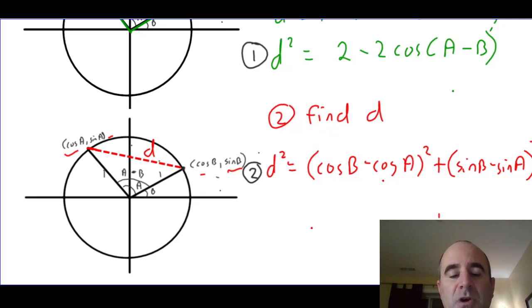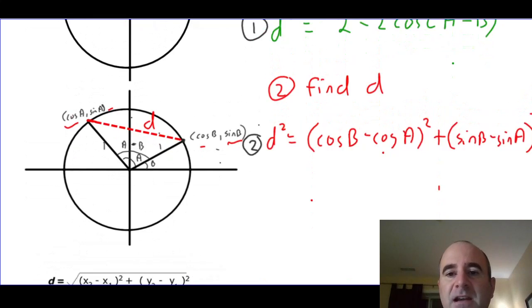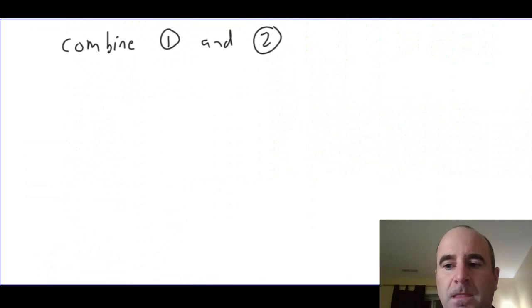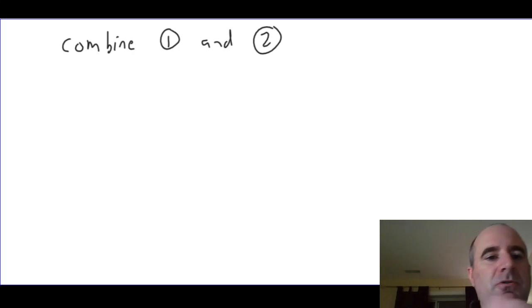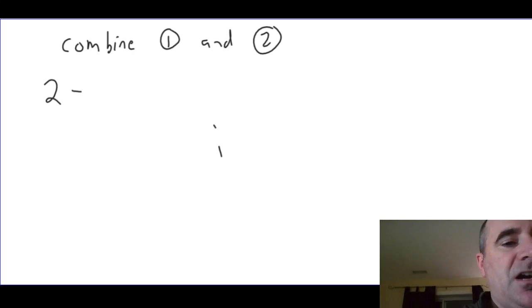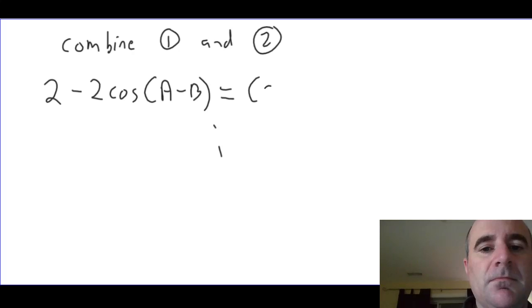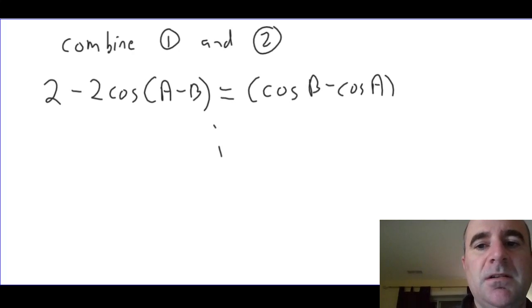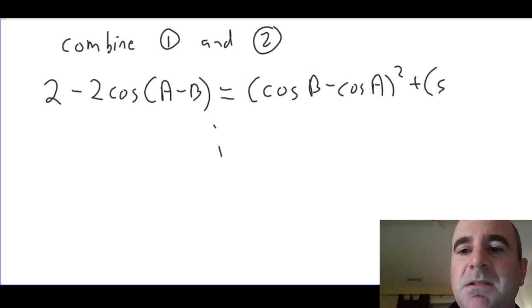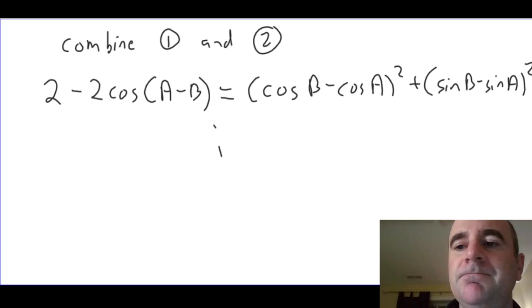So we're going to combine equations 1 and 2, and we'll write that next. When I combine 1 and 2, I will get that 2 subtract 2 times the cosine of A minus B is equal to (cos B minus cos A) squared plus (sine B minus sine A) squared. Just like that.